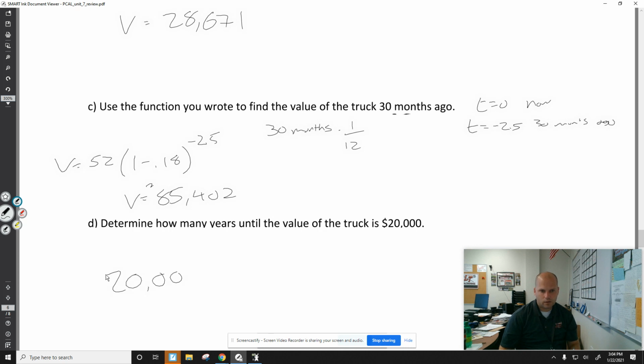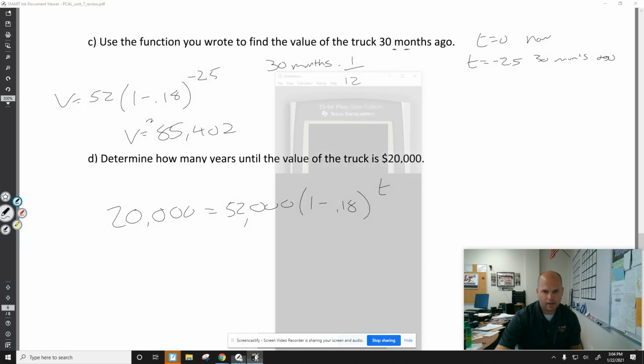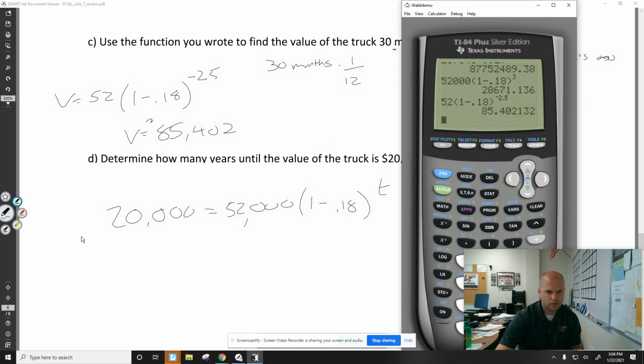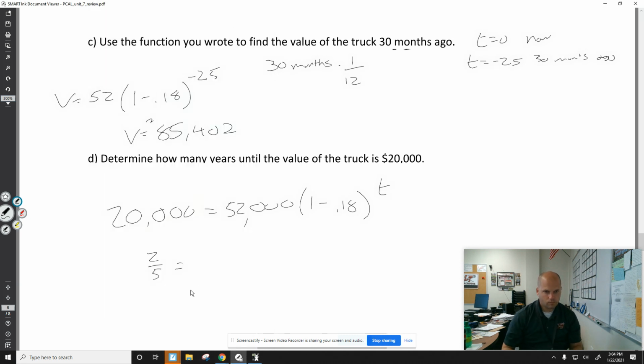All right, now we got an equation we can solve. How many years will it take for my final value to be 20,000? So we got 20 divided by 50. I got 1 minus, so it's 2/5. I'm just going to leave it as 2/5. 1 minus 0.18 is 0.82. Take the log base 0.82 of both sides.